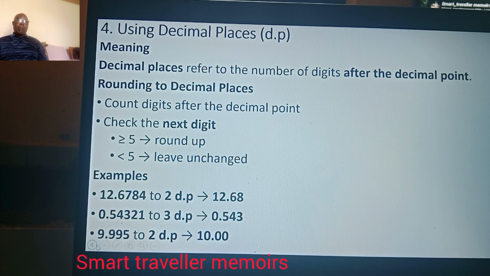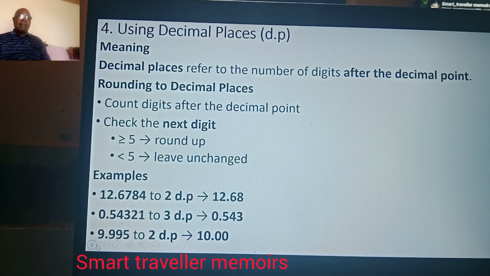Using decimal places, meaning of a decimal place. Decimal place refers to the number of digits after the decimal point. Rounding to decimal places: count digits after the decimal point. Check the next digit.